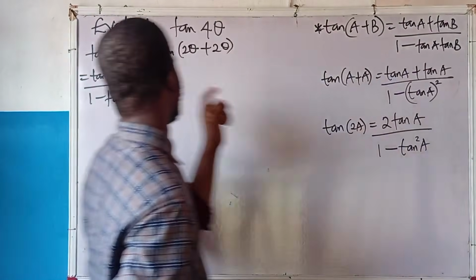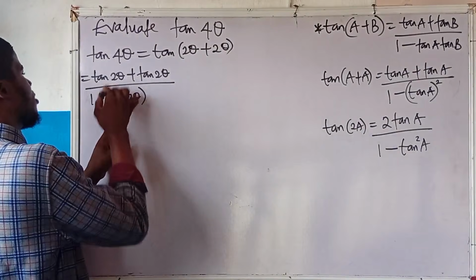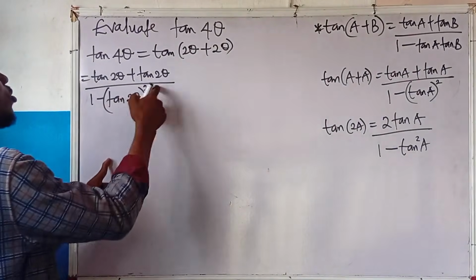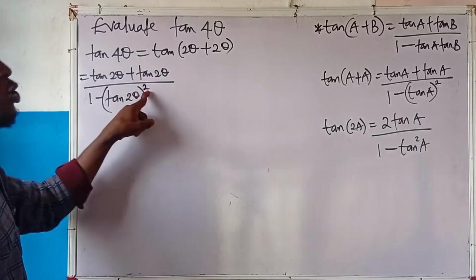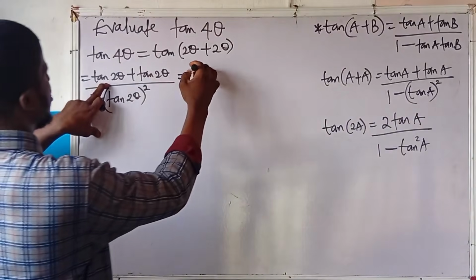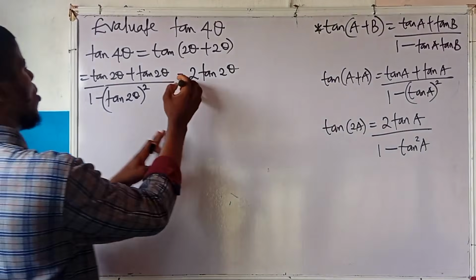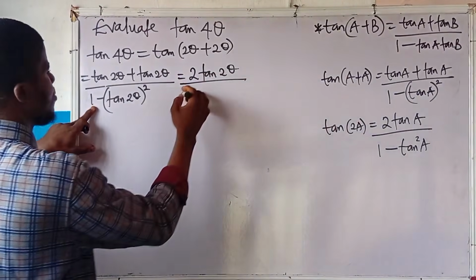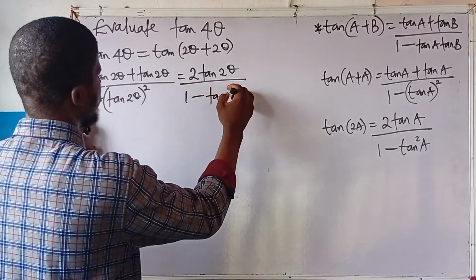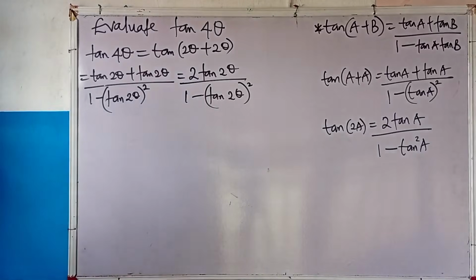Tan A tan B, tan 2 theta, tan 2 theta, and that's tan squared 2 theta, or tan 2 theta all squared. Okay, so this is it. Add this together, you're going to get 2 tan 2 theta all divided by 1 minus tan 2 theta all squared. I want to leave it like this first.